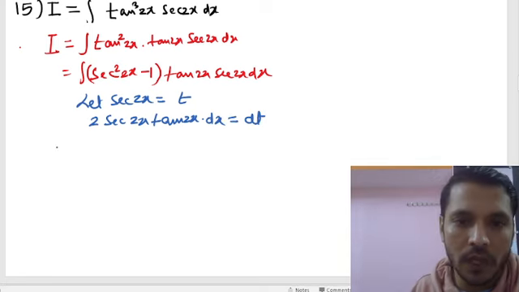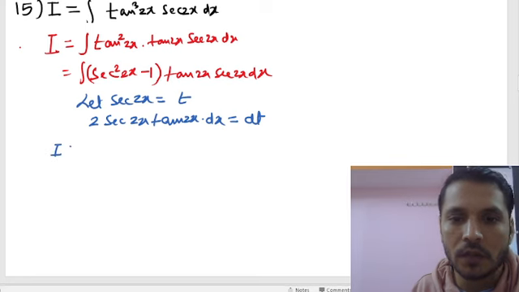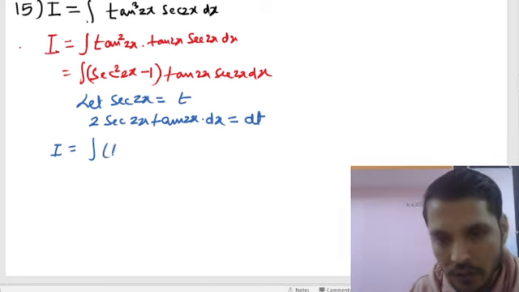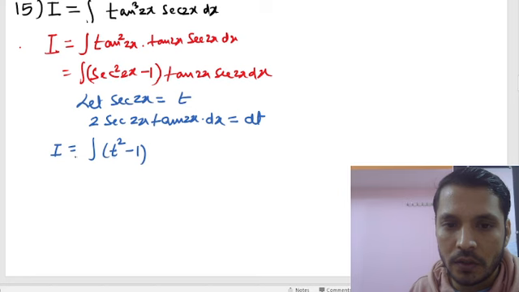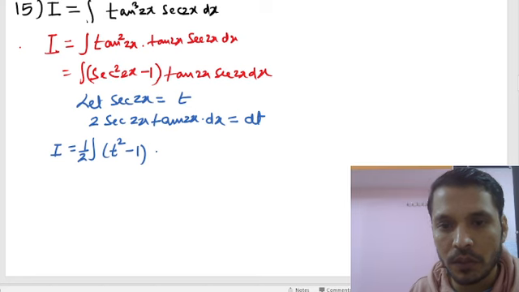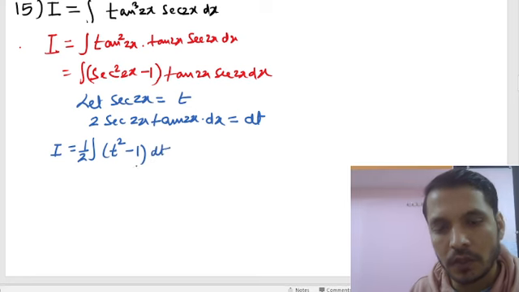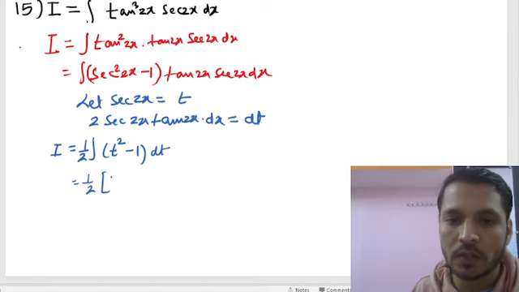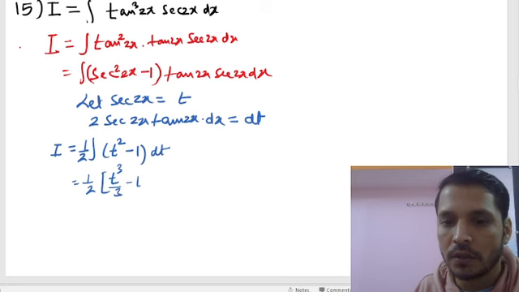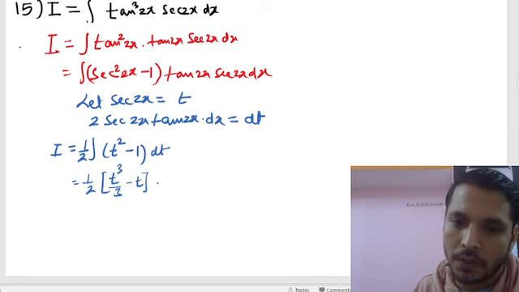Now our I will become the integration of, where we have considered sec as t, (t square minus 1), and here 1 by 2 will come because we have two as a multiple there, so 1 by 2 into dt. Now we can integrate it very easily. Keep 1 by 2 outside; the integration of t square is t cube by 3, minus t, plus c.